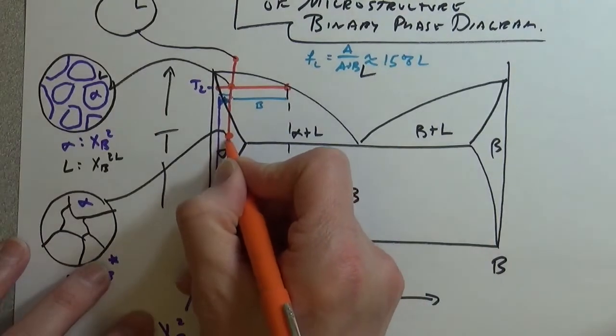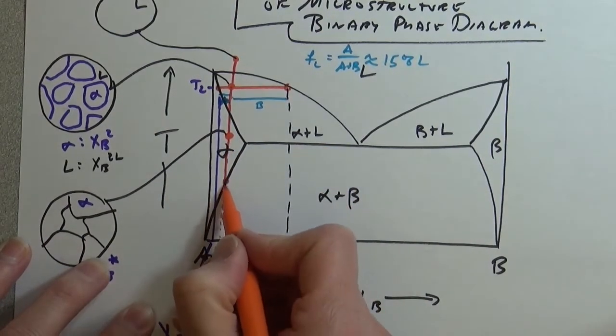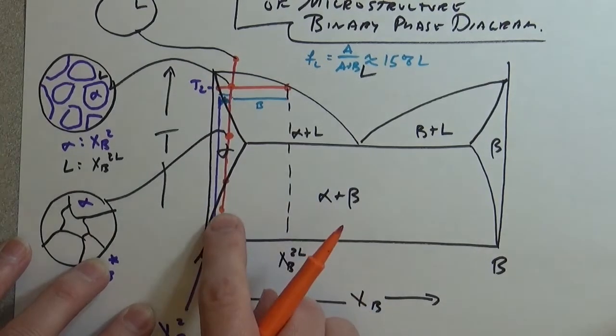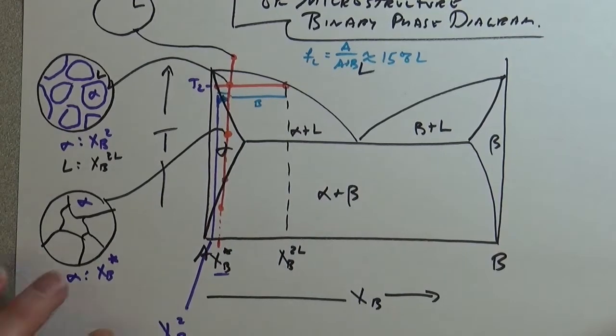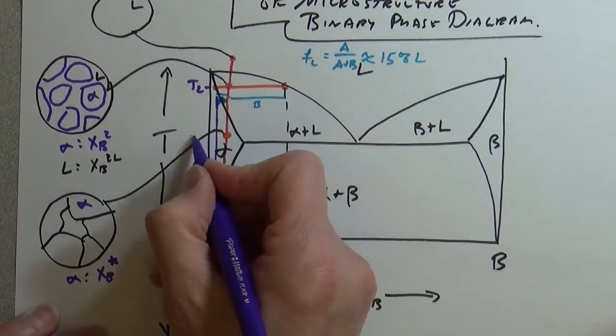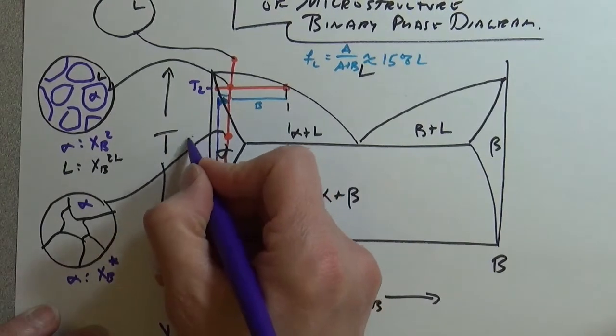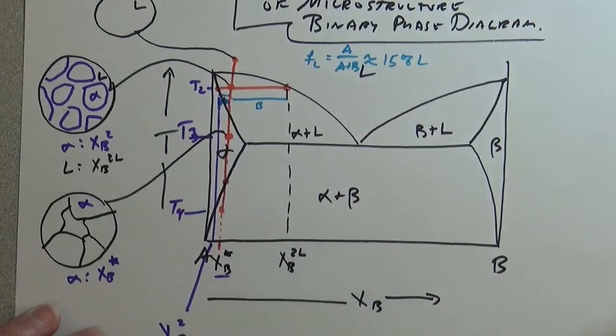Now let's cool down further. We're now going to cross that boundary, and we're going to come into this two-phase region. Well, the two-phase region, that's going to be temperature, let's see, I called this T3, so let's call this T4.